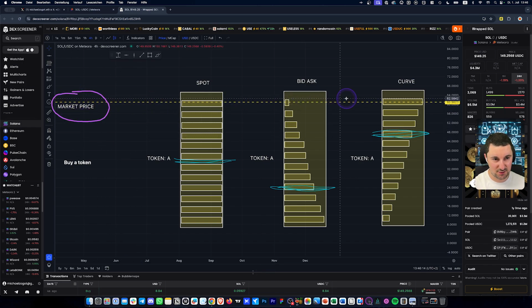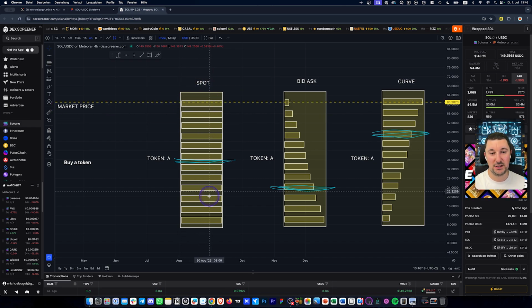So this is the current market price, and when we add it with a spot, it will be evenly distributed to the downside within the range that you decided. With a 20 bin step, it will be 14%, 12% to the downside. And of course, you will buy this token evenly.